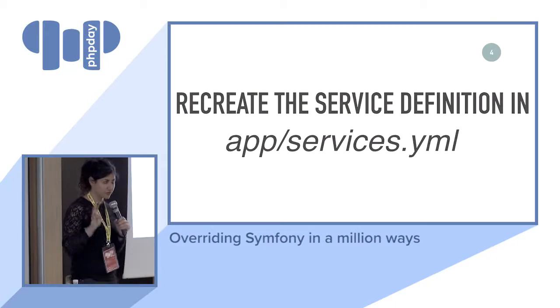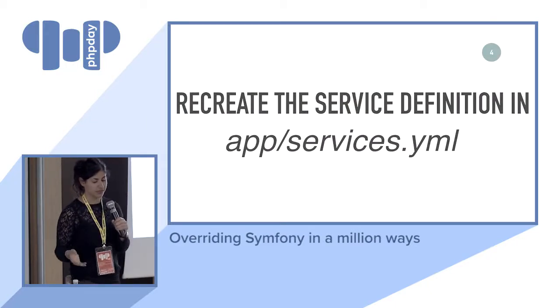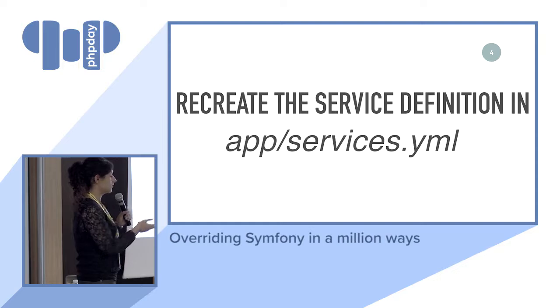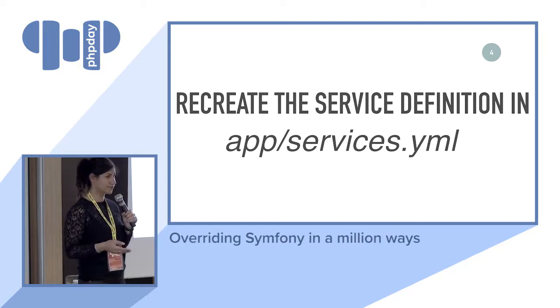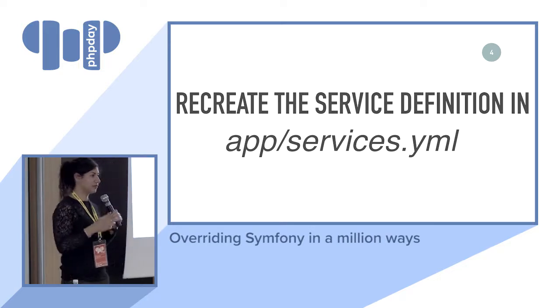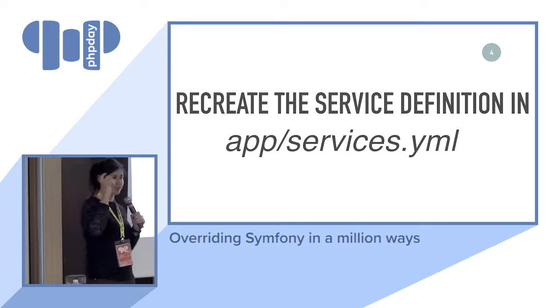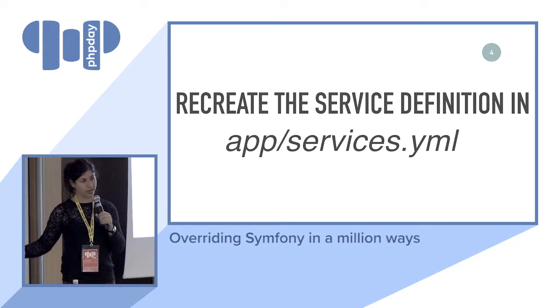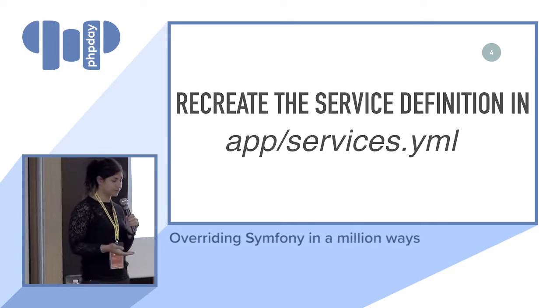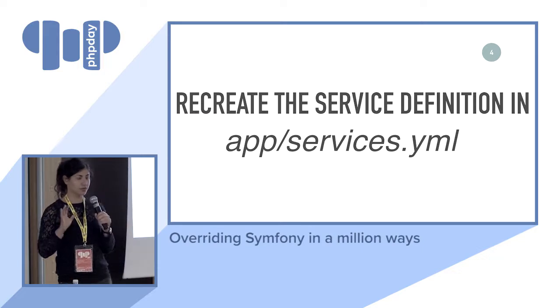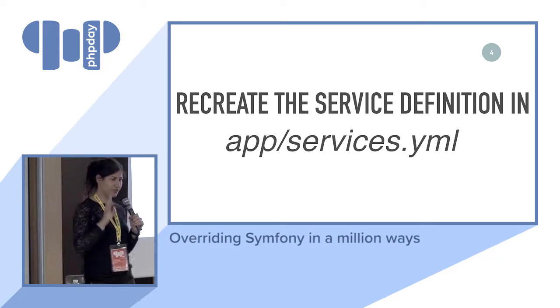The fourth option is recreating the service directly in app-service.yaml. Actually, it works. In your services.yaml file, you can create a service with the same name as the service you want to override, and it will work. Okay? So I'm just going to tell you the 4 options.